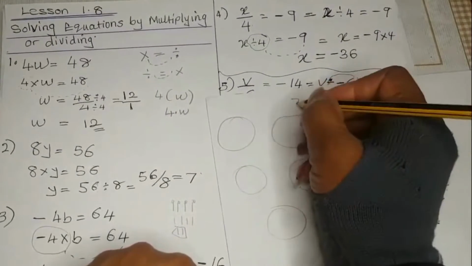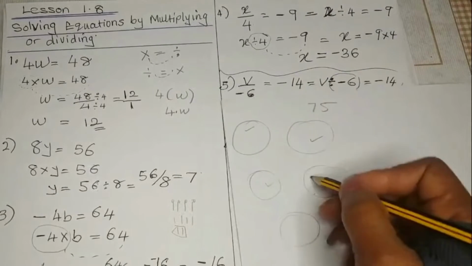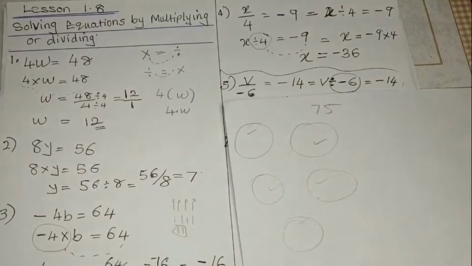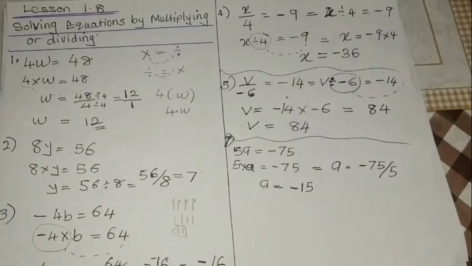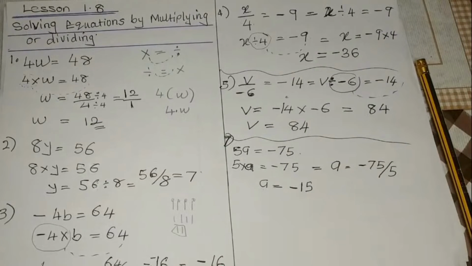Distribute 75 items to them, going 1, 2, 3, 4, 5 until you get to 75. Then you count how many each one gets and write the answer here. That's all.